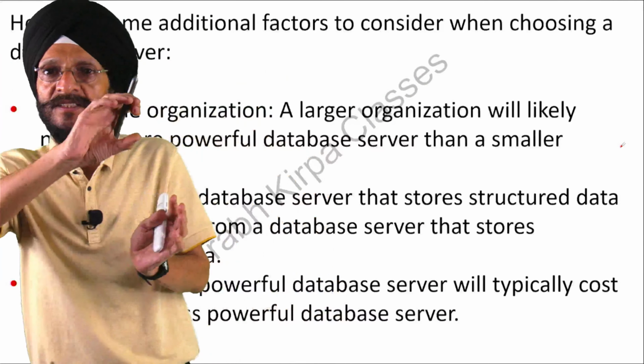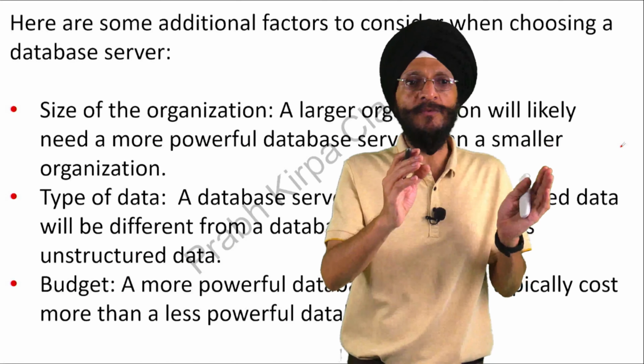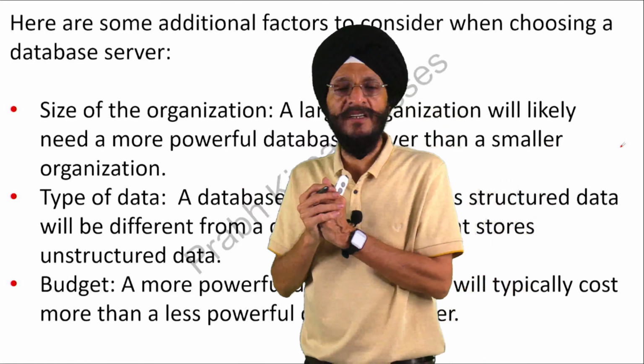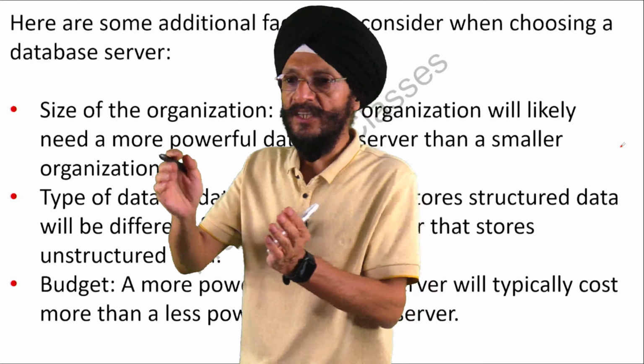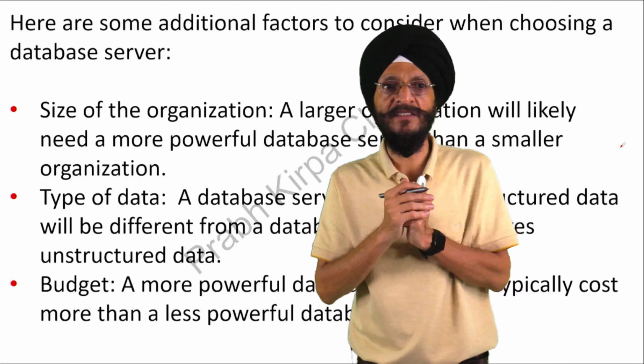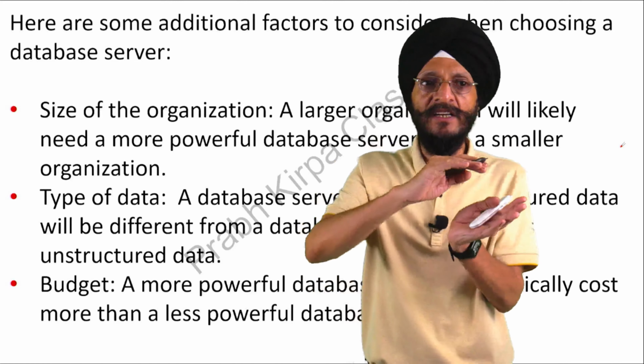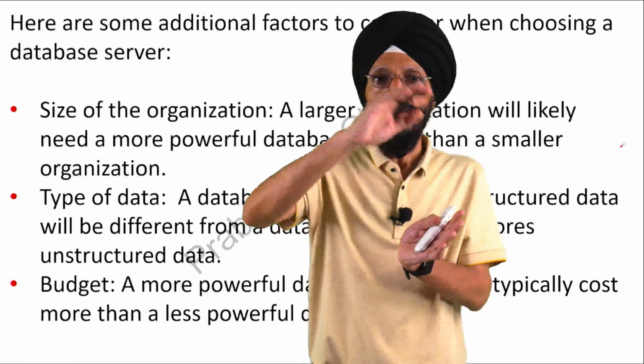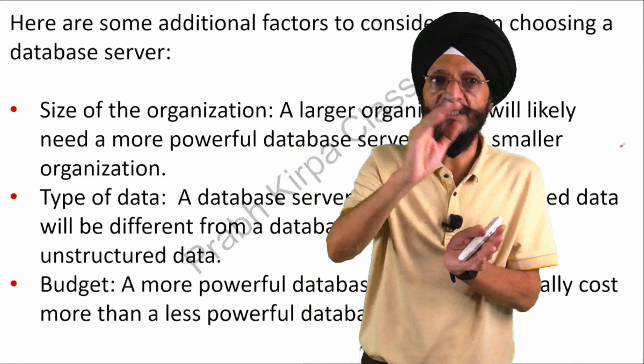There is a particular structure, but there are other types of data which are called unstructured. Unstructured means audio files, video files, social media posts, emails. They do not have any particular structure. This is unstructured data. So to handle structured data or unstructured data, the database servers are different.